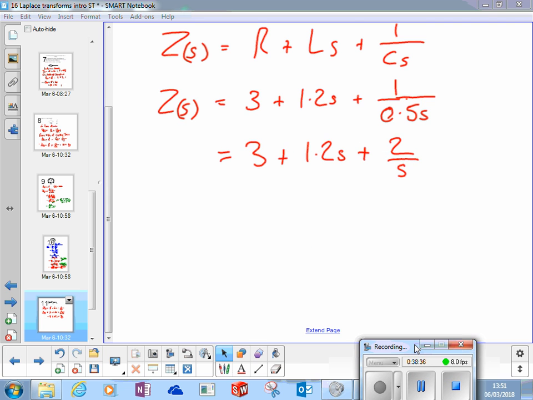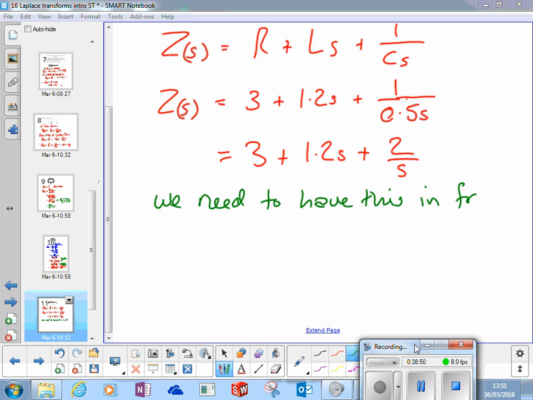Right, however, we need to have fraction form with a common denominator.